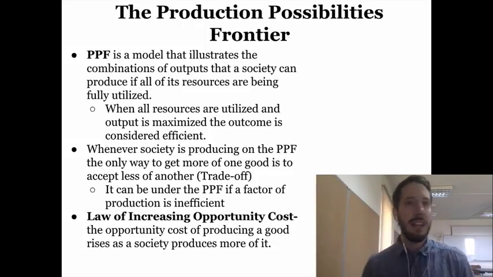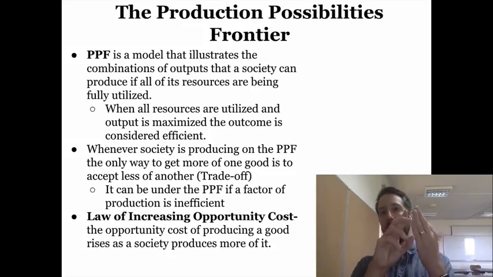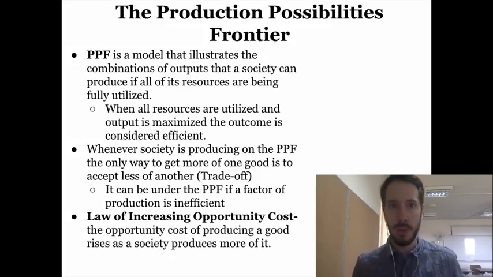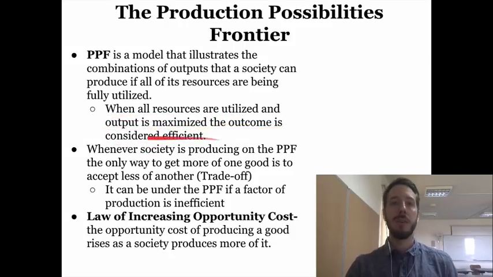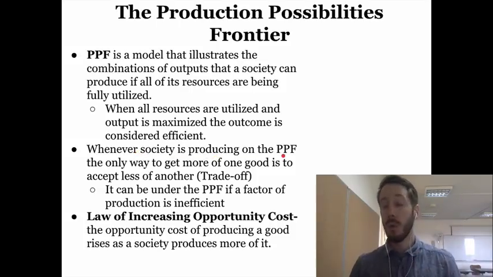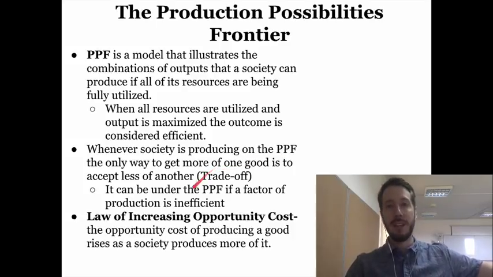So, for instance, if I use all the hours I can stay awake and all the money that I have and all the equipment that I have, how much of something can I produce? When all of your resources are utilized and output is maximized, the outcome is considered efficient, just a particular term to know. Whenever society is producing or an individual is producing on this model, the only way to get more of one good is to accept less of another.